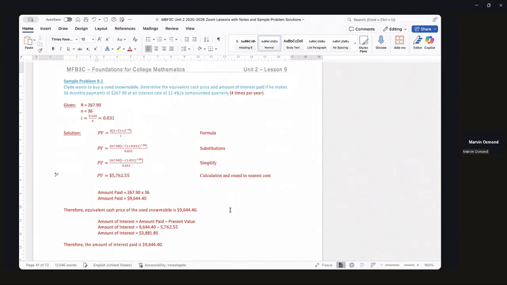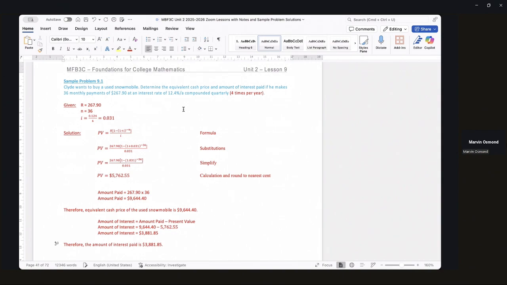So the amount of interest that you would have paid back is $3,881.85. You can see that an interest rate of 12.4% would be high. Interest rates are nowhere near that right now, but at one point they were.